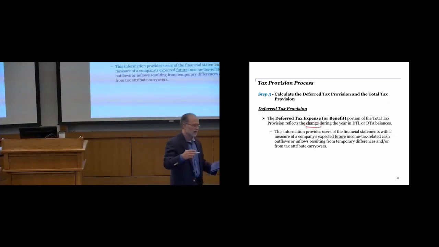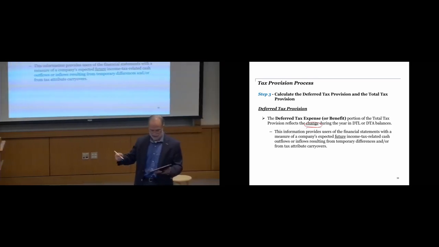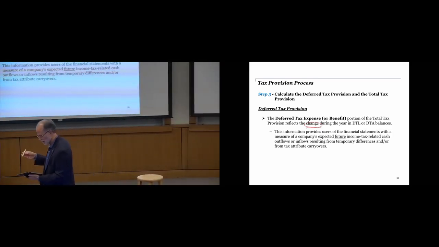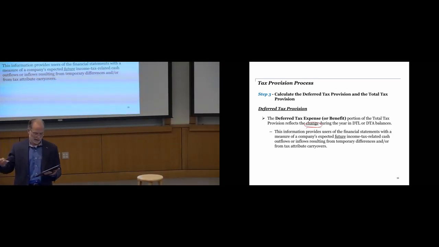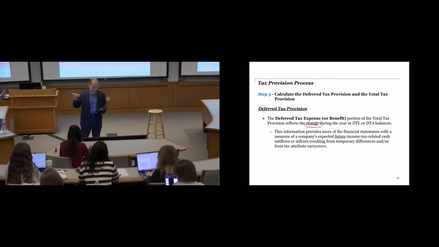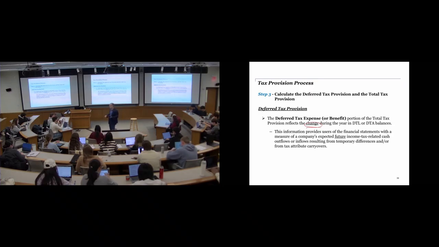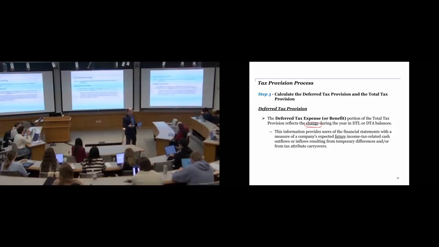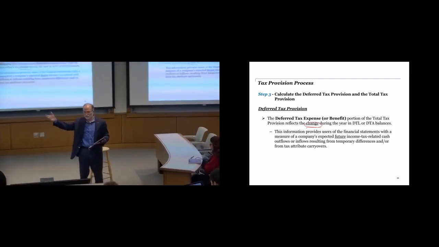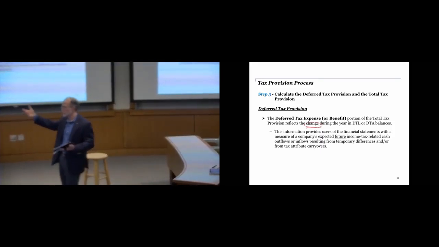This information attempts to provide users of the financial statements with a measure of the company's expected future income tax related cash outflows or inflows resulting from temporary differences. That's why we're doing this. We're trying to give some measure to readers of financial statements as to what these items are going to mean in the future from a cash flow perspective.